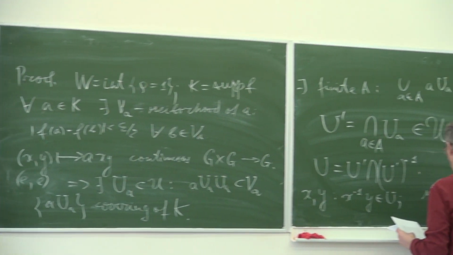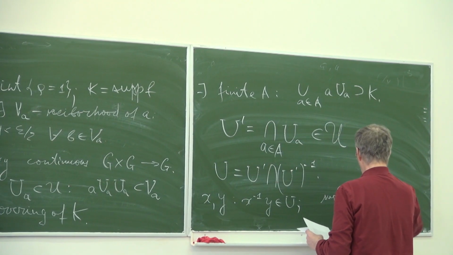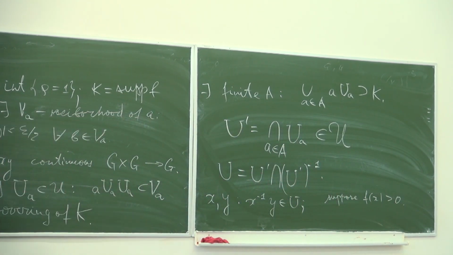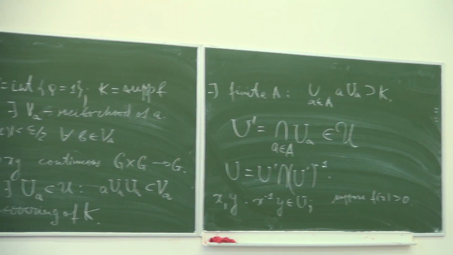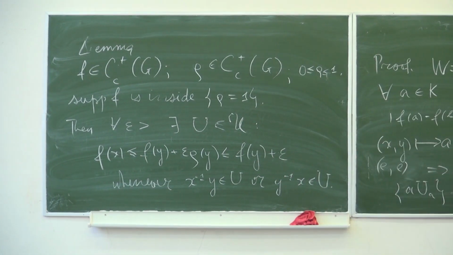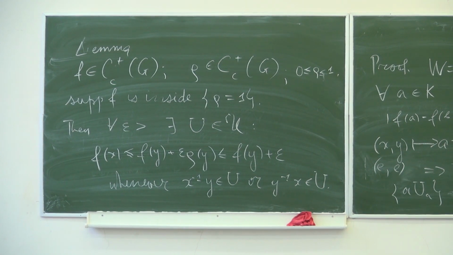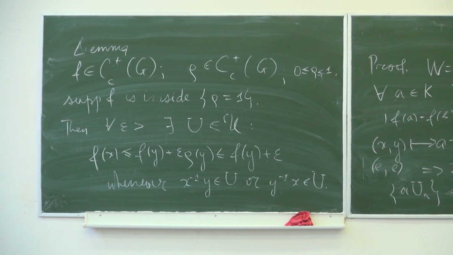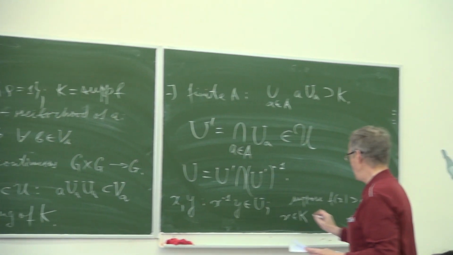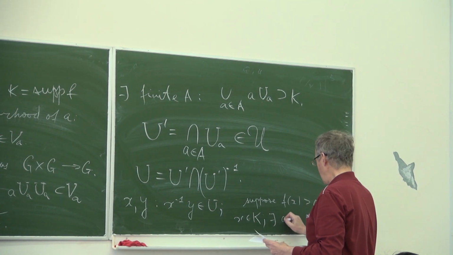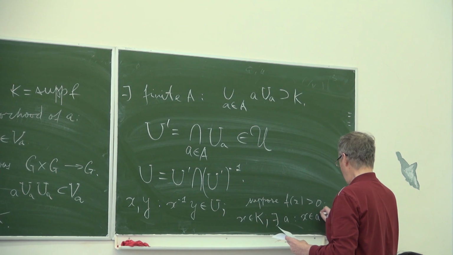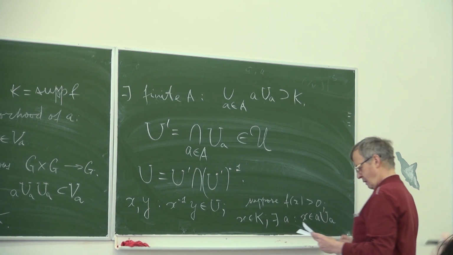Suppose that f of x is strictly positive, because otherwise there is nothing to prove here. Yes? If f of x is 0, there is nothing to prove. Then this x is in K for sure. And then there exists a, so that x is in a U_a. Okay?